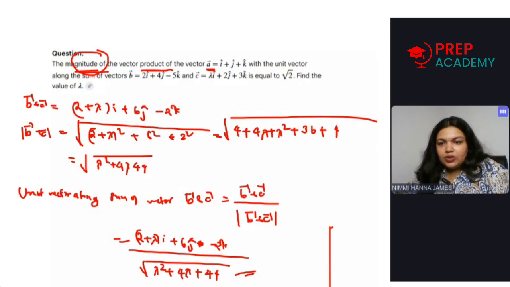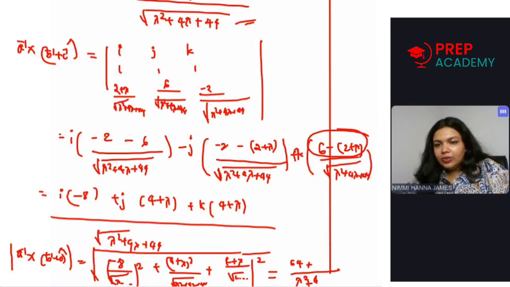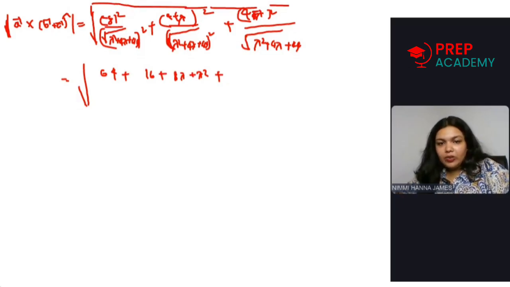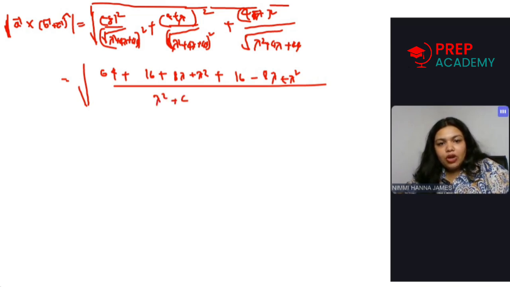Wait, okay, sorry. Here we had this term, right? So 6 minus 2 is 4, and this minus also goes inside, so it was 4 minus lambda. Okay, my mistake, sorry. So it was (4 minus lambda) the whole squared. So 4 squared is 16, minus 8 lambda plus lambda squared. And the denominator, when it gets squared, is lambda squared plus 4 lambda plus 44.